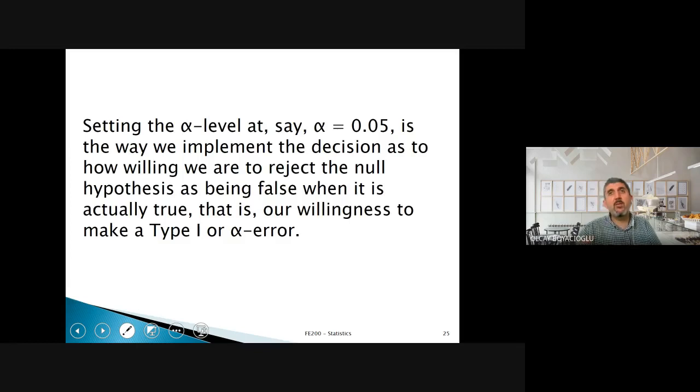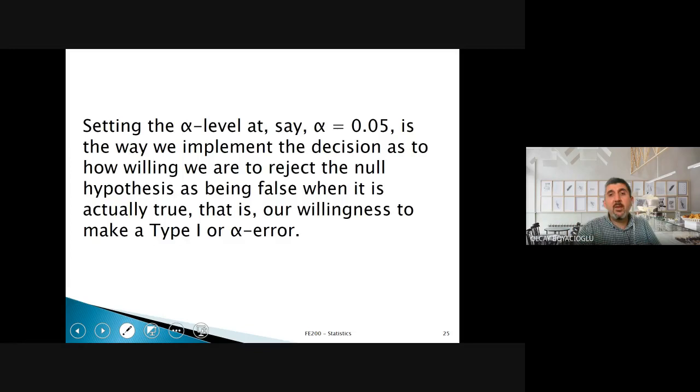Okay? Remember, what was the alpha value? Alpha was the type 1 error which was happening because of the overconfidence, right? Because we trust ourselves too much. We trust that we know everything and we can solve this question. However, because of that overconfidence, we make a mistake.